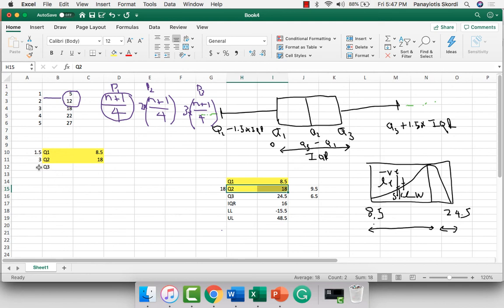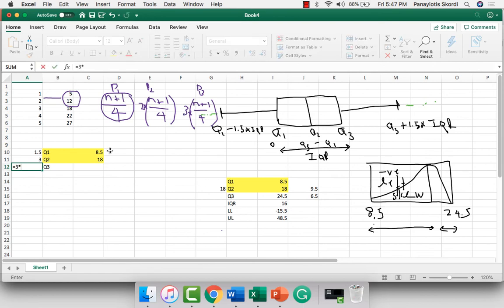And then position for Q3 is going to be 3 times n plus 1 over 4. So it's going to be 3 times 5 plus 1 divided by 4. It's going to be position 4.5. Again, there's a position 4 and a position 5, but there's no 4.5, so we're going to have to average out these two numbers.